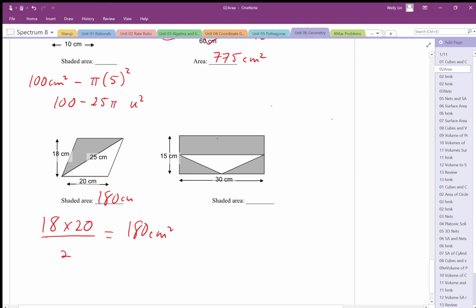So this one here, we can do it all kind of in bits and pieces. However, if you break this up into fraction pieces, can you see that we have 1, 2, 3, 4, 5, 6 parts that make the shaded and 8 parts that make the whole? I can find that area by using 6 parts shaded, 8 parts whole, times the area of the whole rectangle.